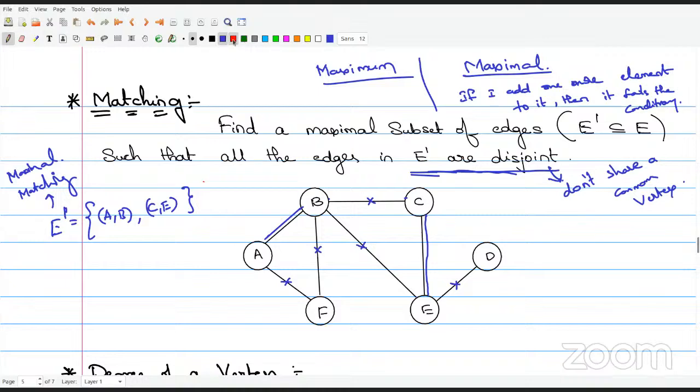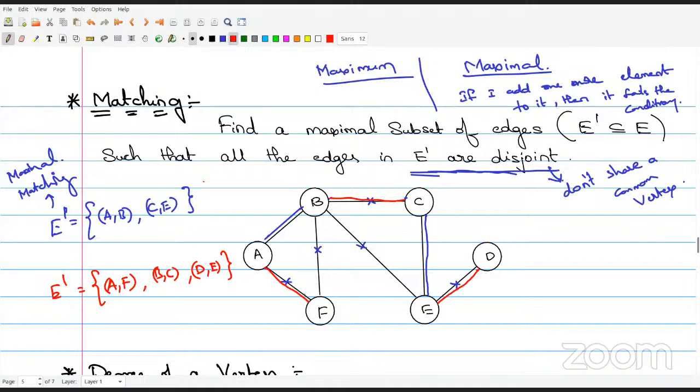Now see, I will choose AF, BC and ED. Can I choose this? AF, BC, DE will satisfy the condition. Even though I choose these, the three edges are disjoint to each other.